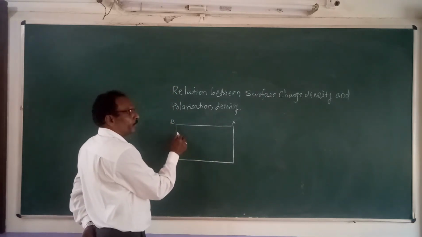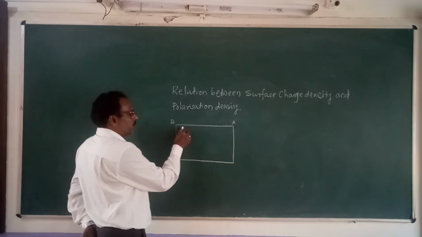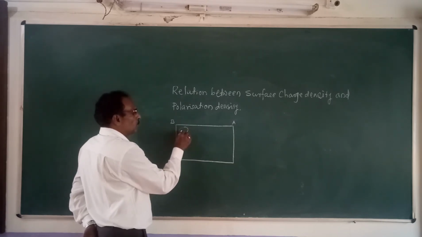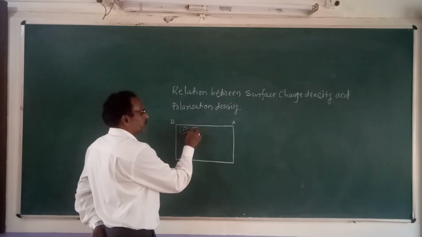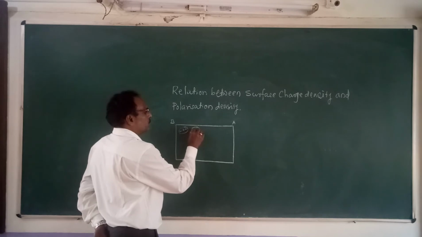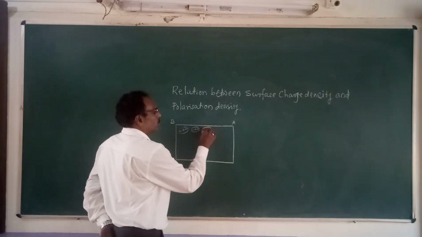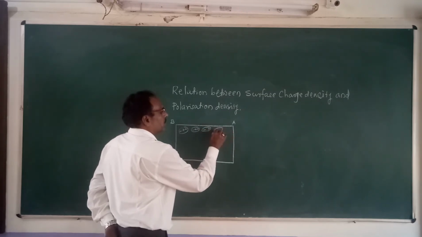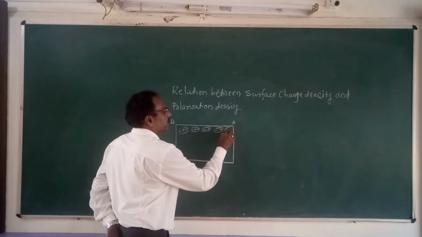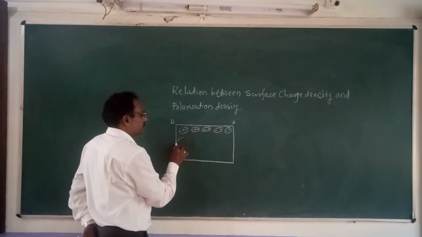Normally, when we place a dielectric slab in an electric field, these dipoles get oriented. We know this. Say these are the dipoles, say negative, positive. I will draw them here. These are the dipoles, and they get oriented along the direction of the electric field.